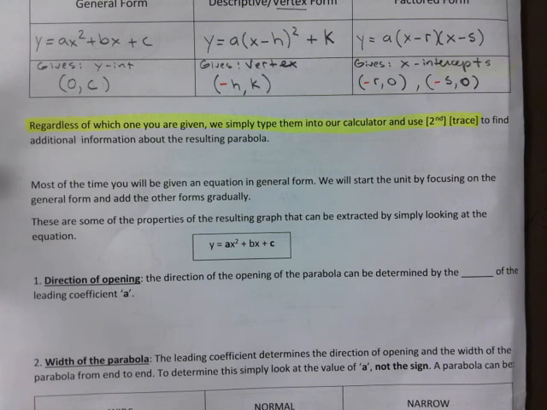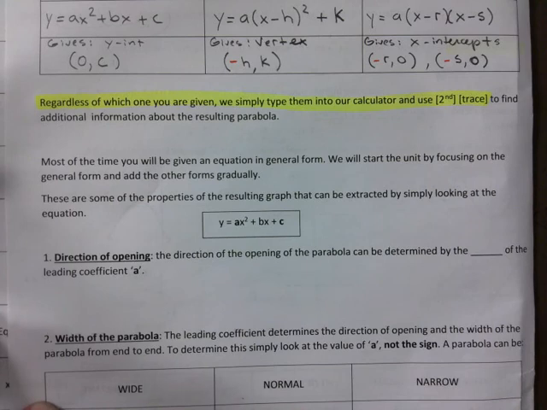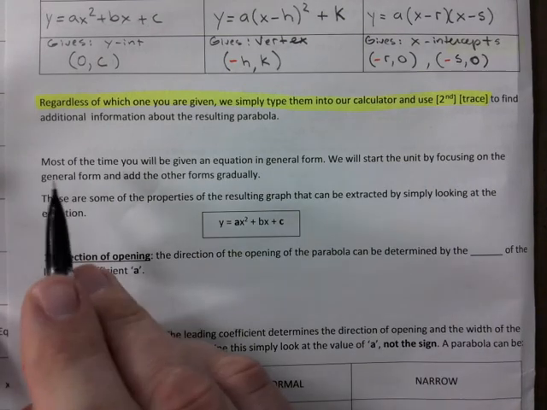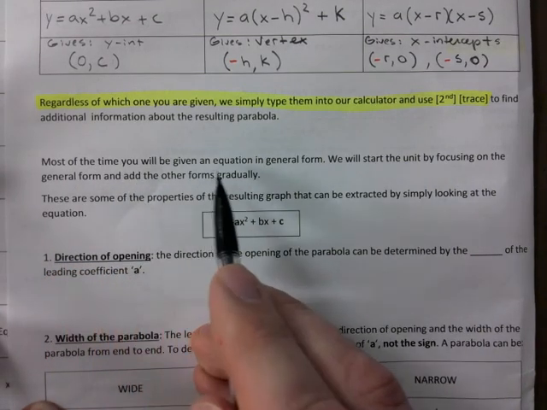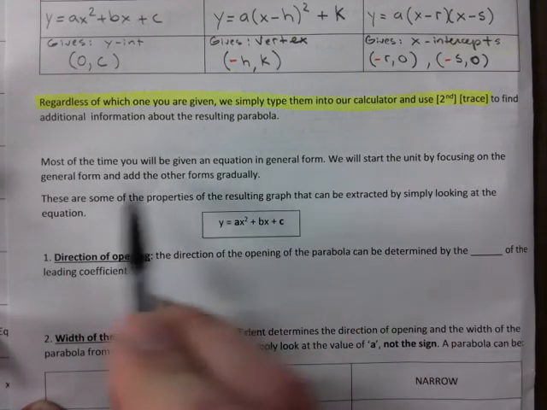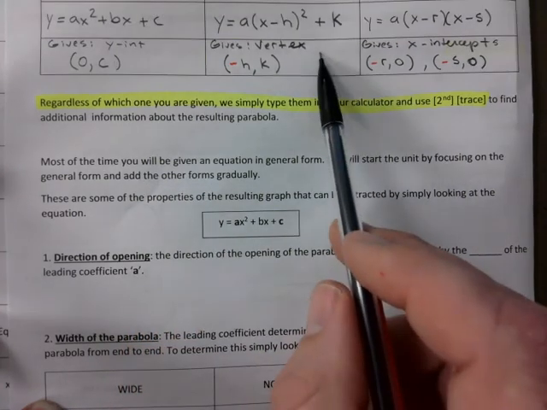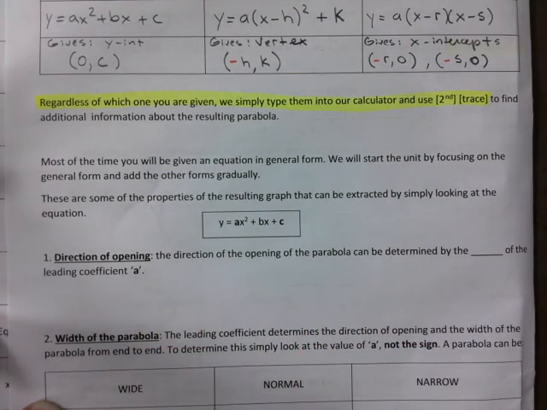Type it into your equations, graph it, and let the calculator do the hard part for you, right? It's because you have a calculator that we can give you scary equations, okay? Most of the time, you'll be given an equation in general form, okay? We will start the unit by focusing on the general form and then add the other ones gradually. So I'll come back to these two later on, okay?